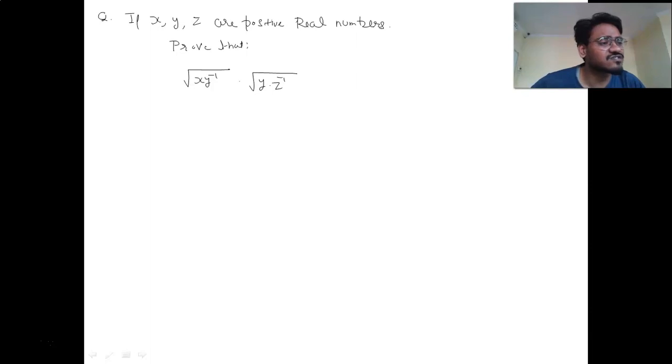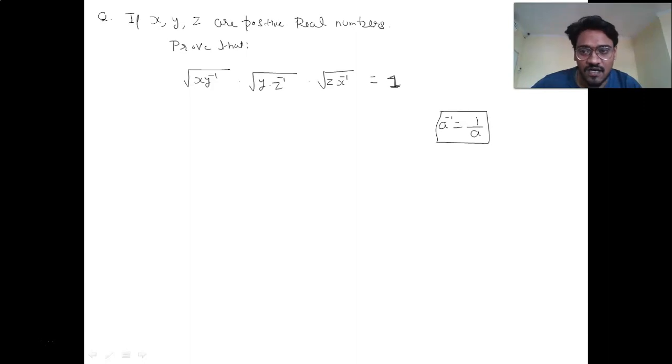Okay, see students, these questions are very simple. Once you know the laws of exponent and the use of that, these questions are actually very simple. See, and these questions do come in examination. Now students, see it's y inverse, and I know a raised to the power minus 1, that means a inverse is always 1 upon a. Laws of exponent, we have seen that. And see, can I write in this way?